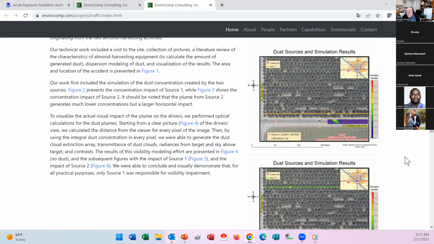So something different that allows us to learn more about atmospheric visibility and visual impact.